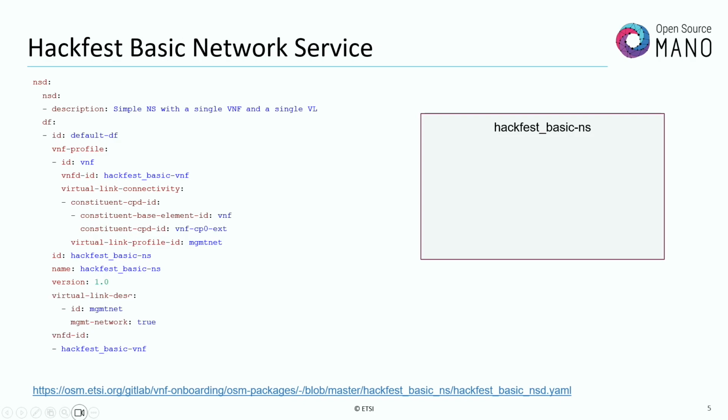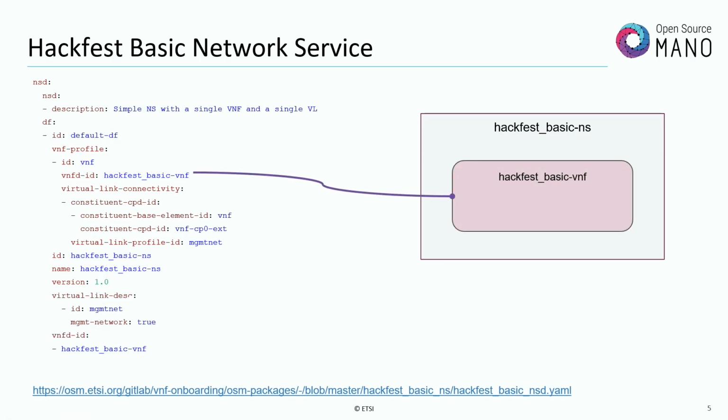So it says that we are going to have a VNF, and that is the ID that we want to use. From an OSM perspective, if there is no package inside the VNF catalog with this ID, then OSM's information model says, hey, you're trying to build something that I don't know about. I'm going to stop you right there.